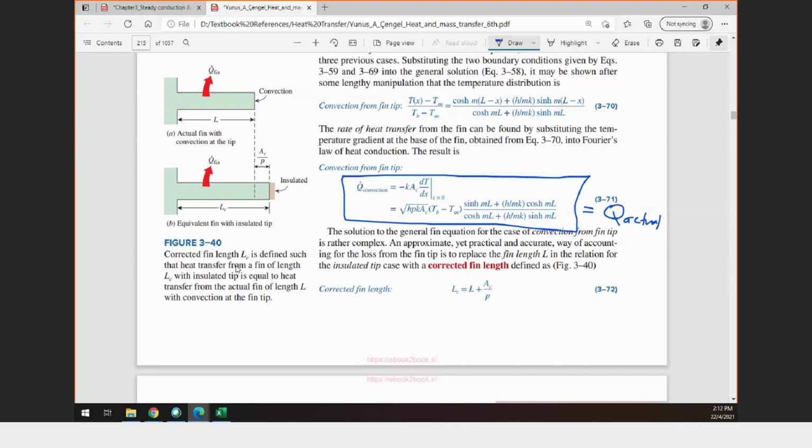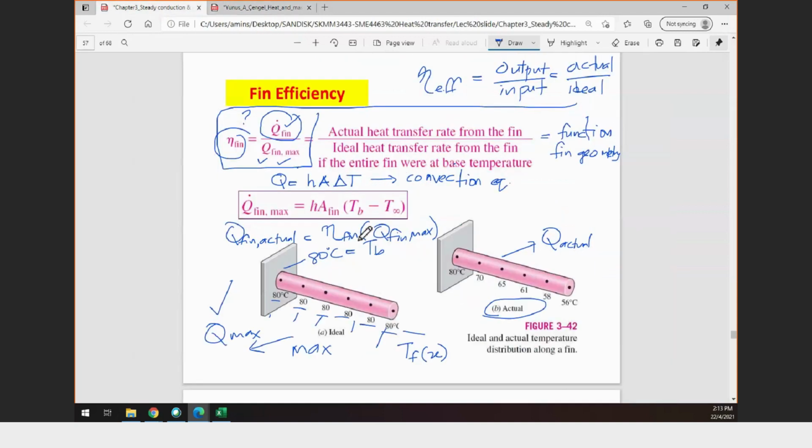Well, you can use this, but there is still some difficulty in finding the m value, finding the hyperbolic function, and doing quite a longer calculation, and the chance of a careless mistake, I mean, missing the calculation, is a bit high compared to using this very simple equation: Q fin actual equals fin efficiency times fin maximum.